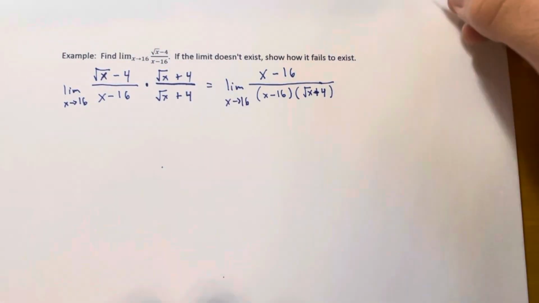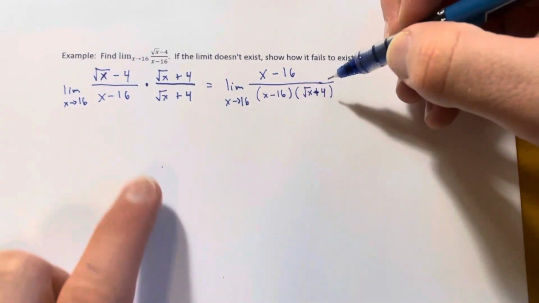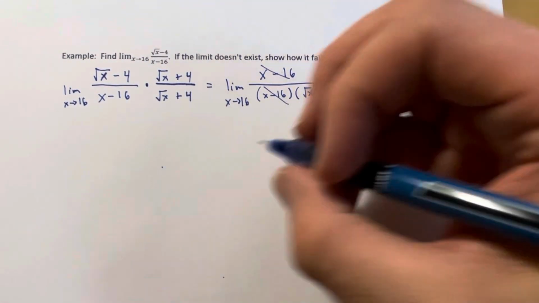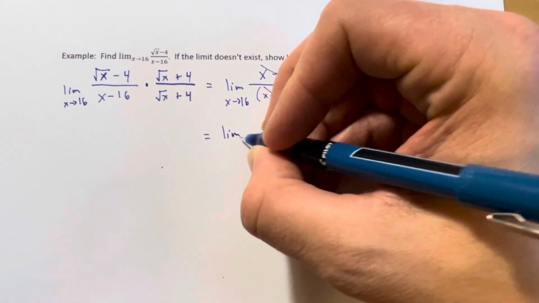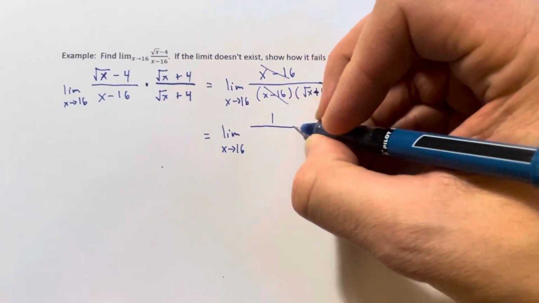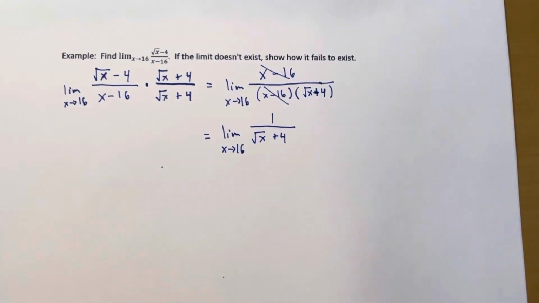Okay? The reason I wanted to leave it factored is because now I have this x minus 16 in my numerator, which cancels with the x minus 16 in my denominator. And now I've got the limit as x approaches 16 of 1 over the square root of x plus 4. Now, even though my denominator still has a square root in it, that's not really the issue.